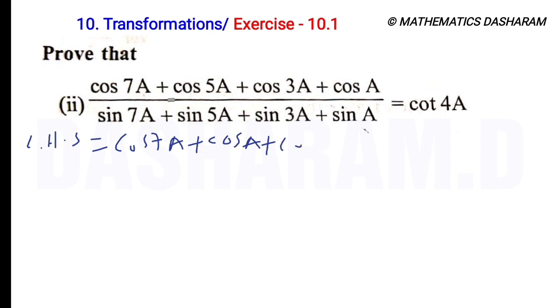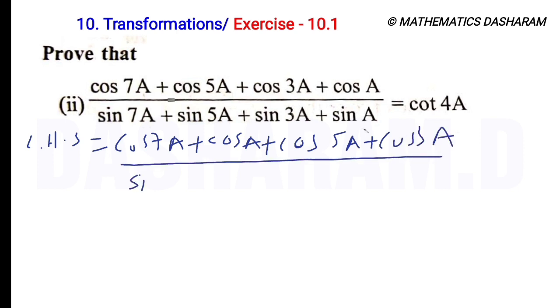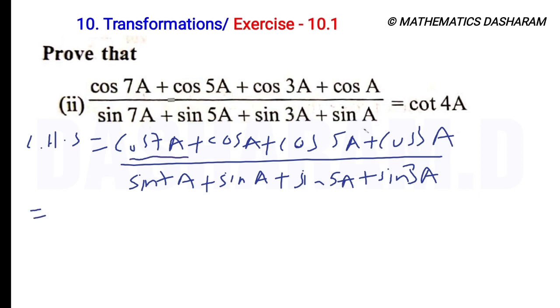So cos 5A plus cos 3A divided by, the denominator also the same, sin 7A, beside it write sin A. Next sin 5A plus sin 3A, so it is equal to, here the cos C plus cos D formula.